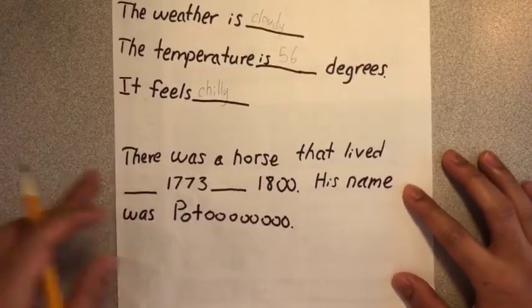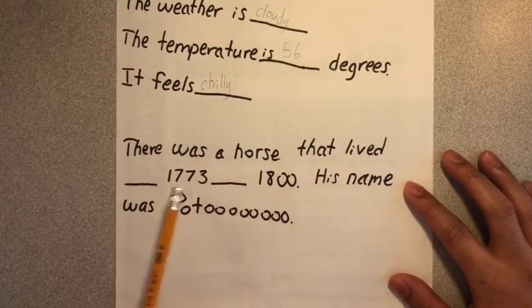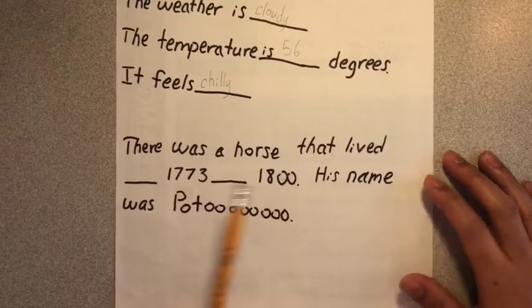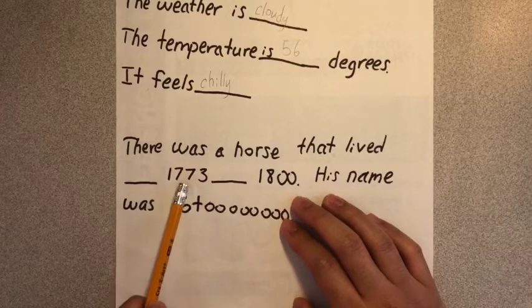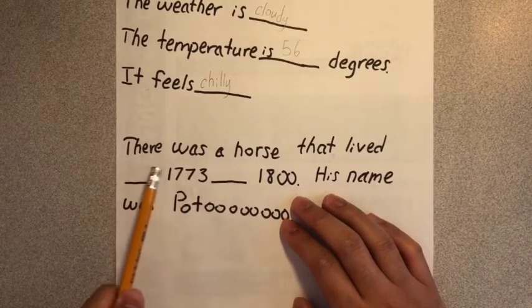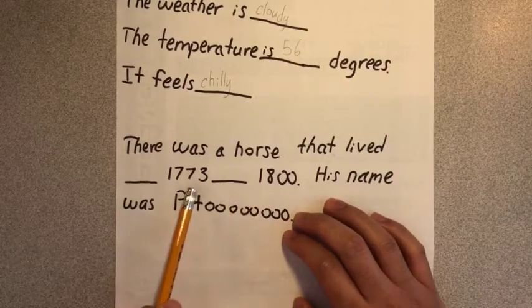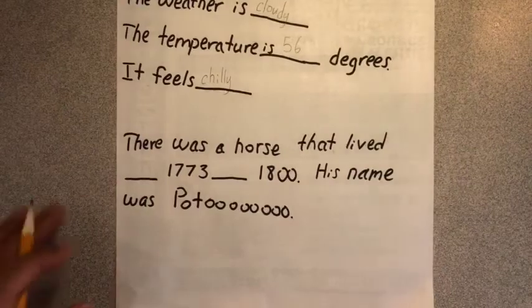And now I have a question for you. There was a horse that lived this year to this year. This is a period of time. We have 2 years. This is the start and this is the end. This is when the horse was born and this is when the horse died. This is a year and this is a year. What do we write for a period of time?